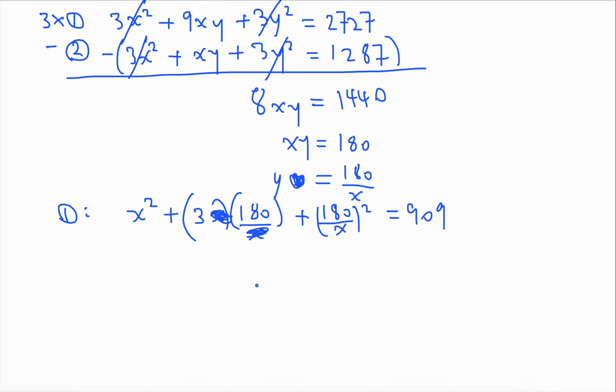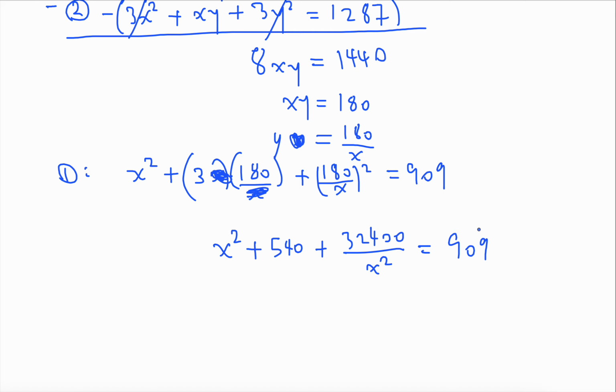So what do we have here? We have x squared plus 3 times 180, which is 540, plus 180 squared on my calculator, which is 32400 over x squared, and 909 on the right hand side.